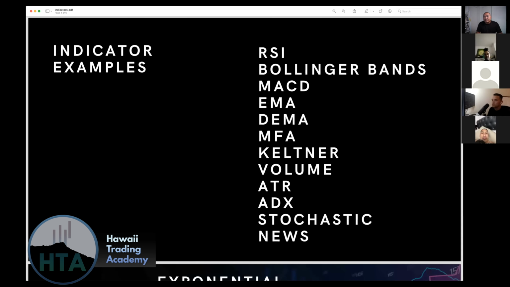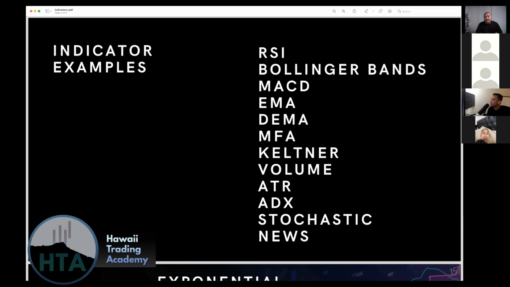Some examples are RSI and Bollinger Bands. Who has seen these? Does this look familiar so far? Charles, probably. These are different types of indicators that are available for everyone to use, whatever trading platform you want: thinkorswim, TradingView, regular free charts.